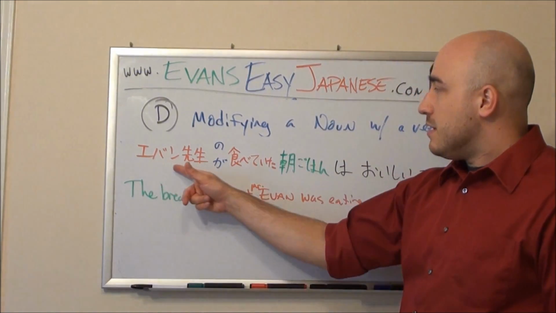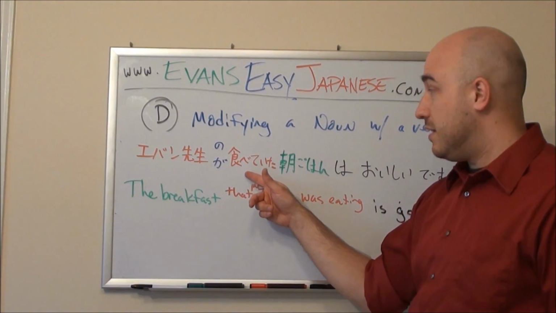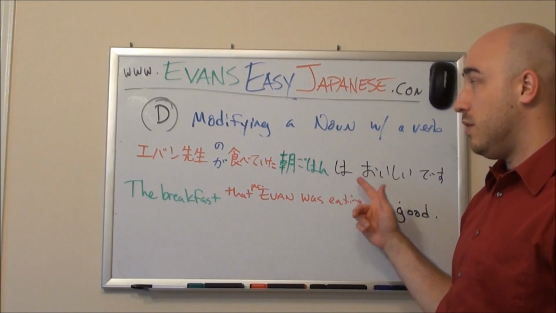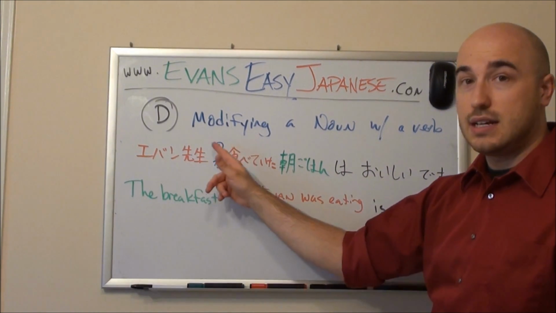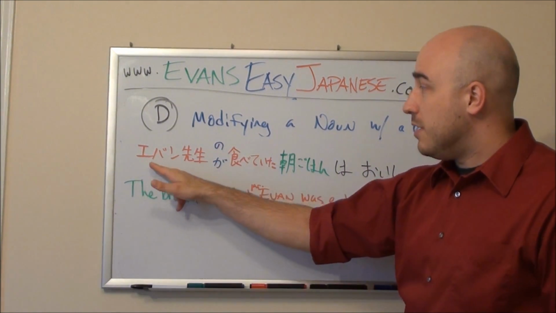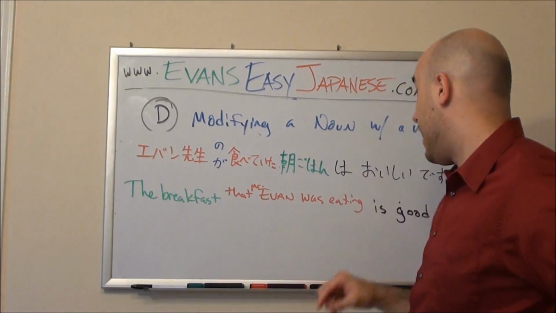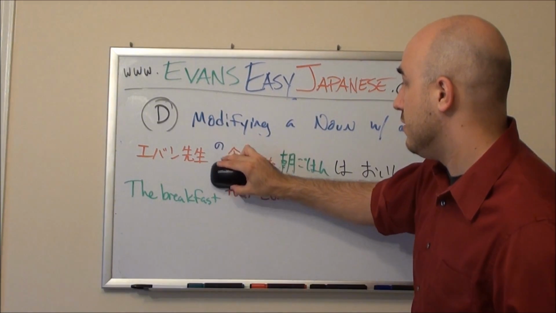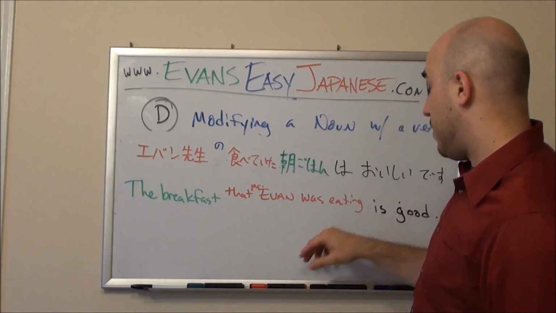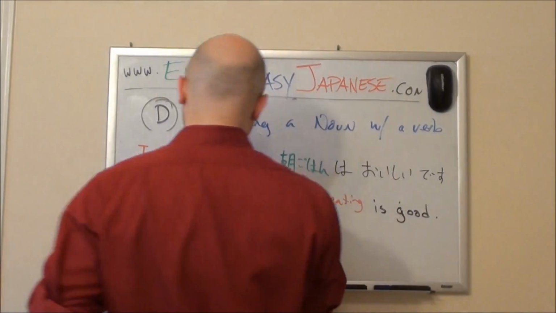If we say, Eban sensei ga tabete ita asa gohan wa oishii desu, with the ga, Eban sensei is actually part of the clause. In fact, let's change ga to red because it's part of the clause.